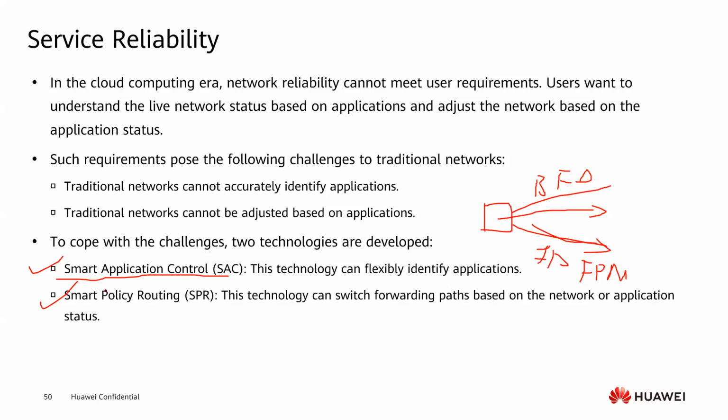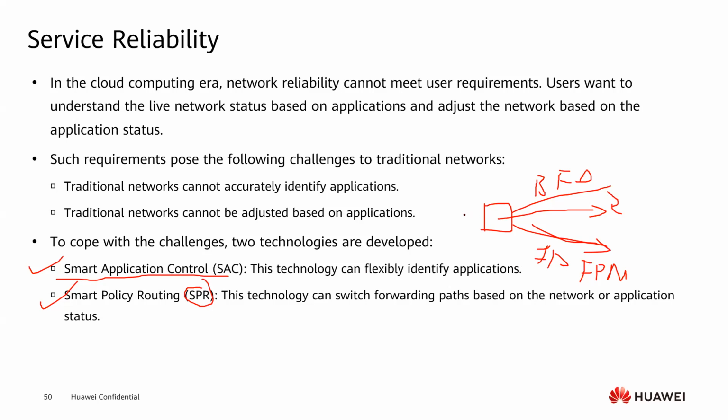It helps us detect which application this traffic belongs to, whether it's Twitter, Facebook traffic, or some other traffic. Another is called SPR, Smart Policy Route.